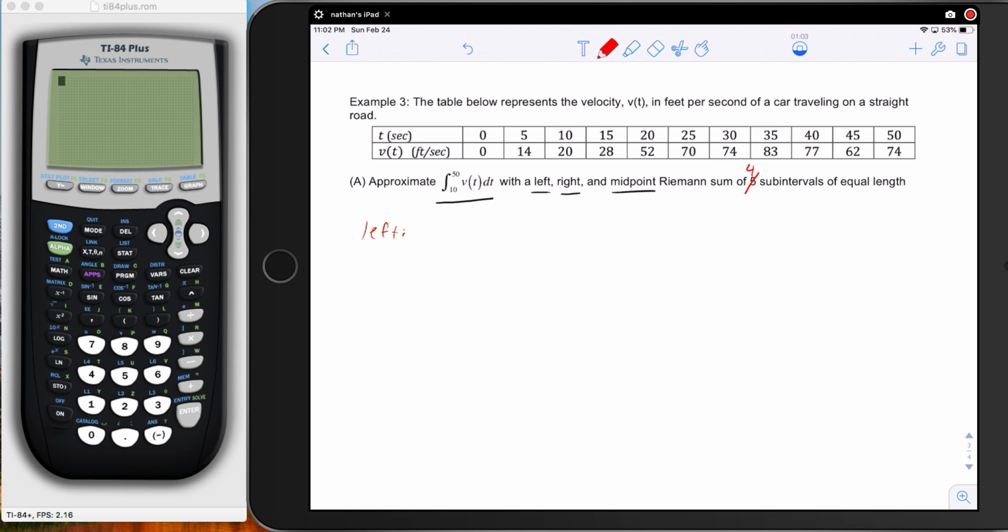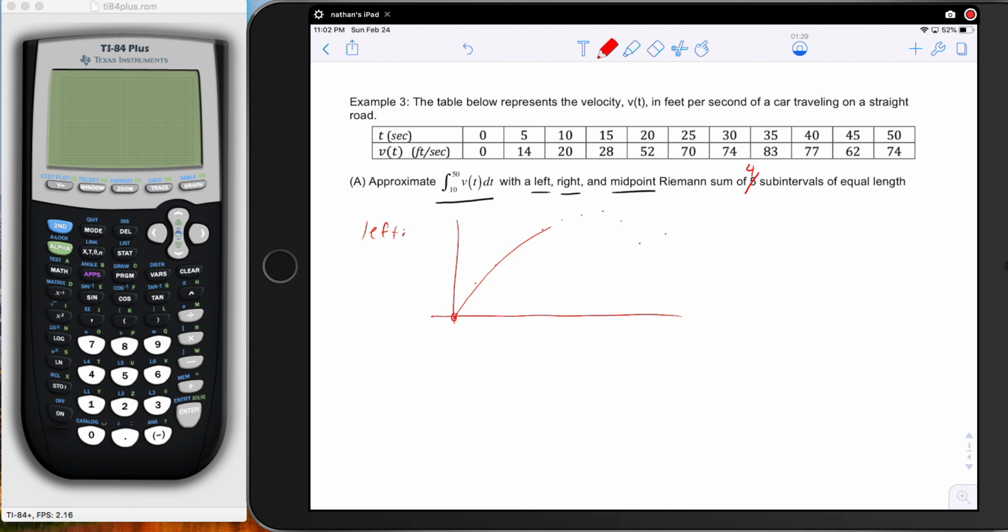So on a left Riemann sum, if I were to just pretend there's a curve, I'm just going to estimate what this looks like. I know it's at 0, 0, 5, 14, maybe 20, 28, 52, 70, 74, 83, kind of goes back down, maybe something like that, right?